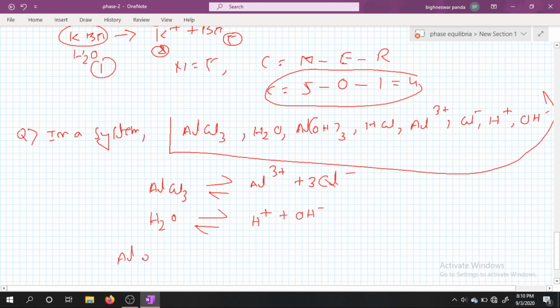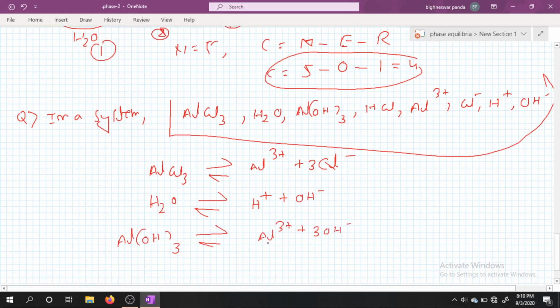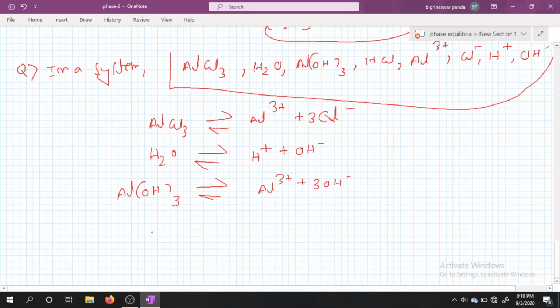Aluminum hydroxide is also present, it also partially dissociates to Al3 plus and OH minus. And HCl, no doubt it is a strong electrolyte, but HCl is present with Cl minus and H plus. We have to consider the equilibrium also, H plus and OH minus. So how many species are there? 1, 2, 3, 4, 5, 6, 7, 8. So N is equal to 8.